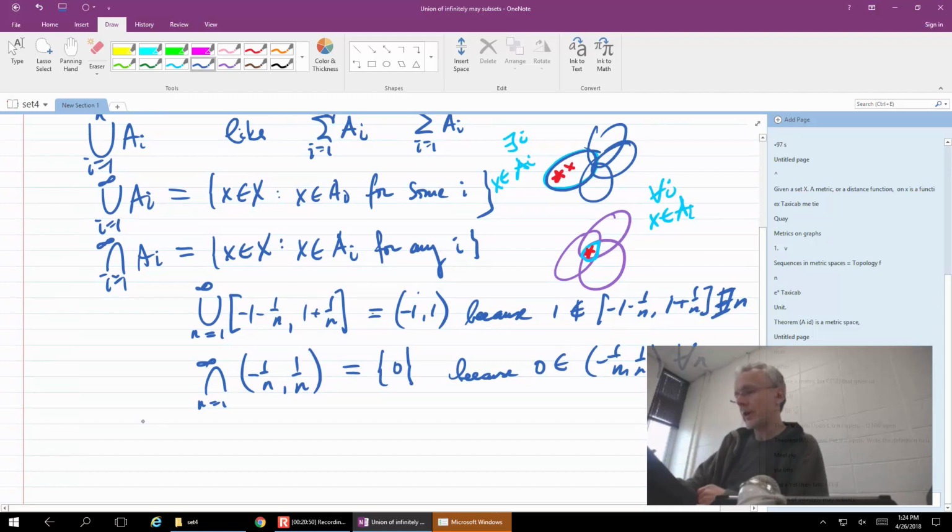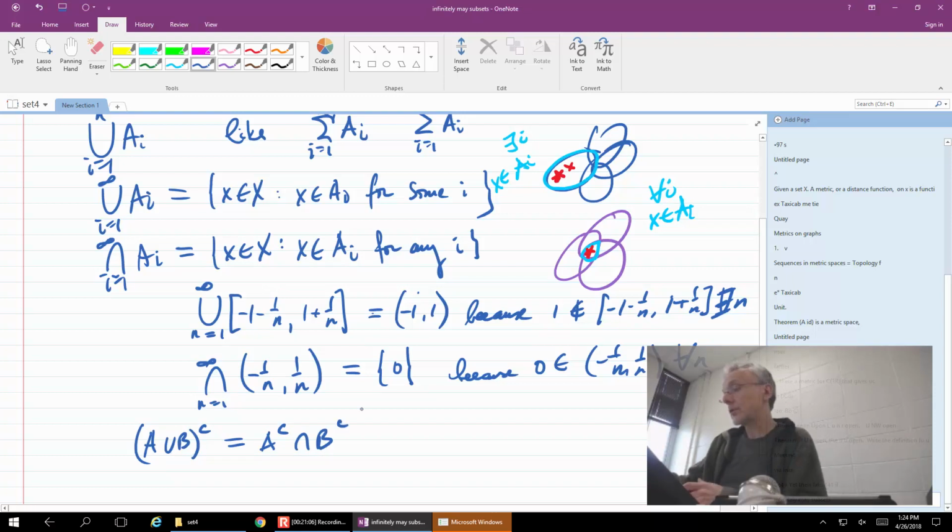And how they interact with the unions. So remember this one: (A union B) complement is A complement intersection B complement. So what happens if you replace two with three and four, finitely many sets? Will they still work? And the answer is yes.